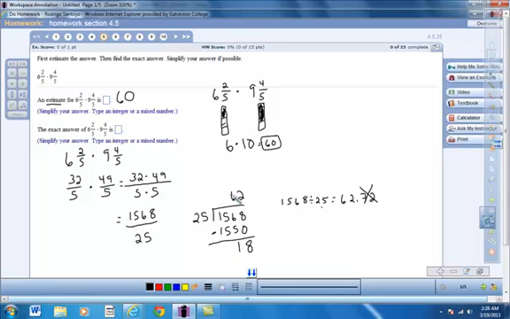Remember, this number is going to be our whole number. The remainder is going to go on the top, or our numerator, and the 25 will come right down here. Here we try to see if we can reduce this fraction, this mixed number. We see we will not be able to. There we got our answer there.